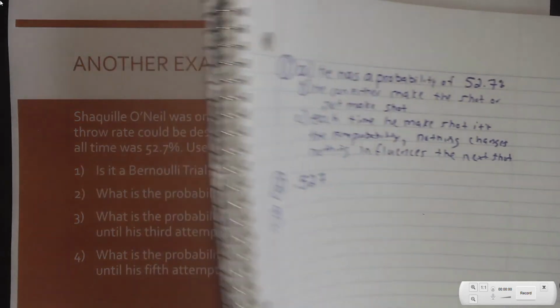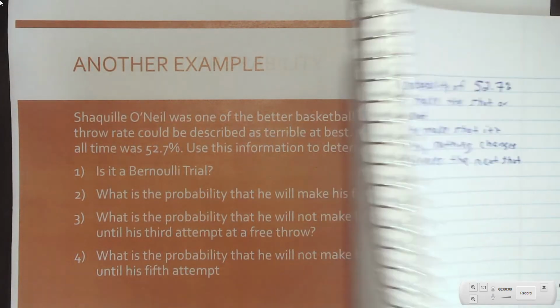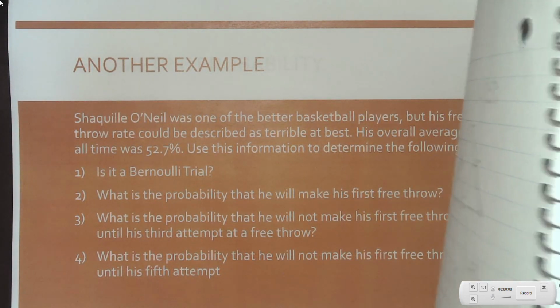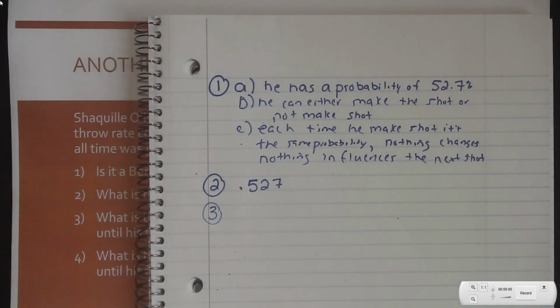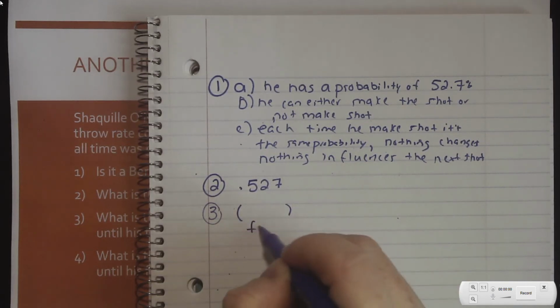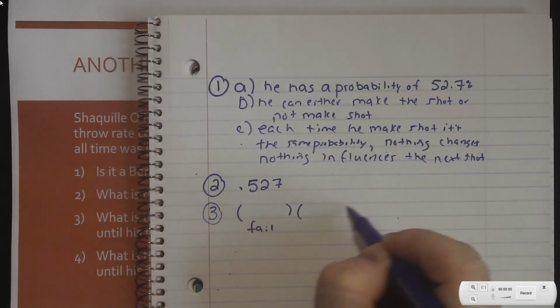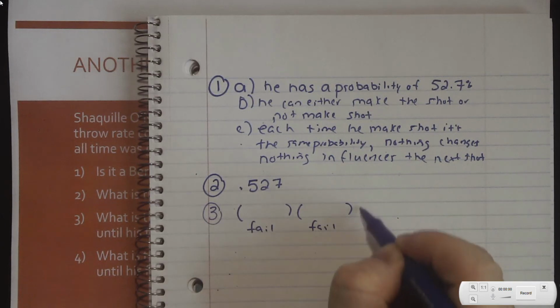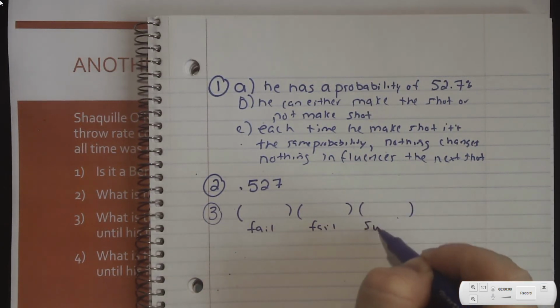What is the probability that he will not make his first free throw until his third attempt? So what that means is the first time he will fail to make it, the second time he will fail to make it, and the third time he will succeed.